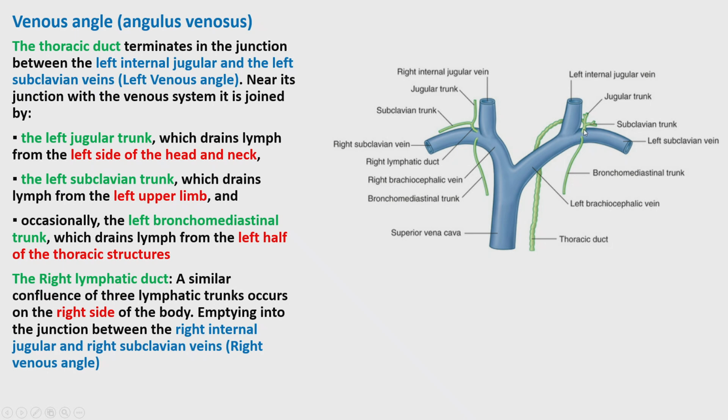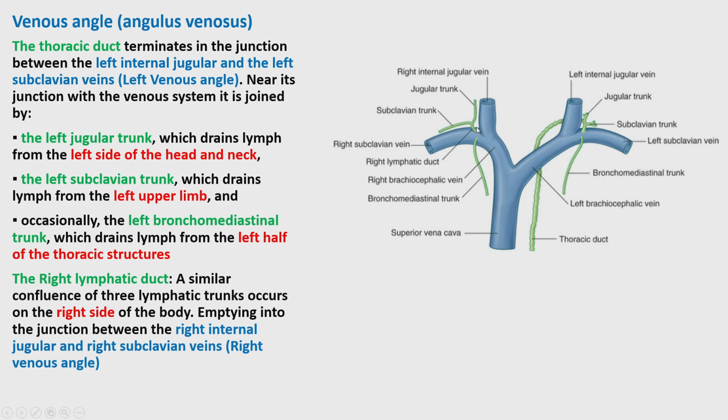The left venous angle is the place for the opening of the thoracic duct, carrying three quarters of the lymph from the body. Immediately before it enters this venous angle, it receives three trunks: the jugular trunk from the head and neck, the subclavian trunk from the left upper limb, and the bronchomediastinal trunk from the superior part of the thoracic cavity. So these are the lymphatic drainage to the thoracic duct in the left venous angle.